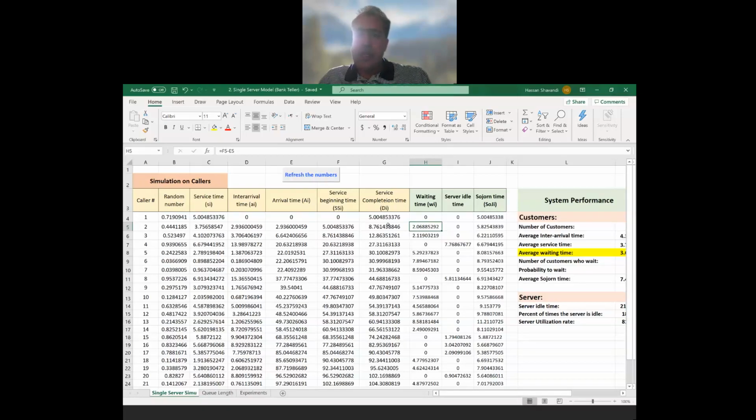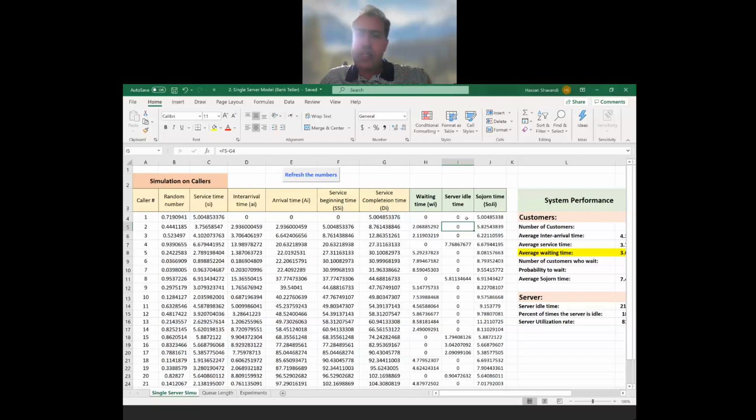The server idle time for customer number 2 is F5 minus G4. Again, G4 is the service completion time for the previous customer, and F5 is the service beginning time of customer number 2. If there is any gap between these two, that will be the server idle time.